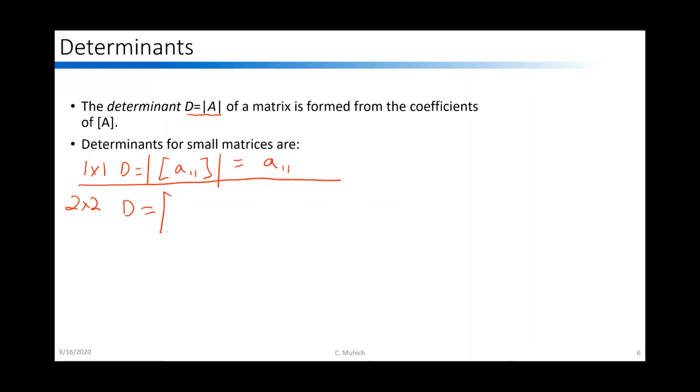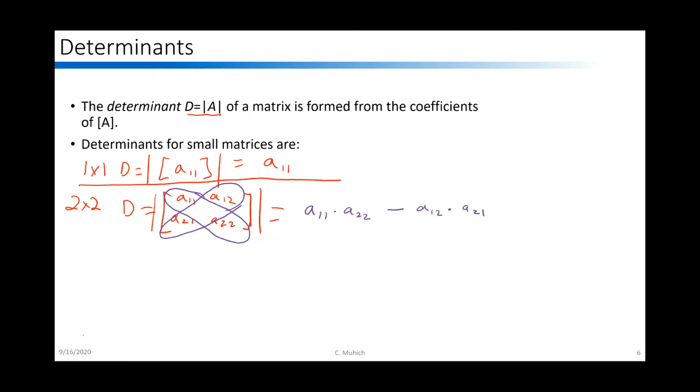In this case, the determinant of a matrix, say a11, a12, a21, a22, is going to be the products along the crossed axes. So a11 times a22 minus what's happening on the other cross axis, a12 times a21.